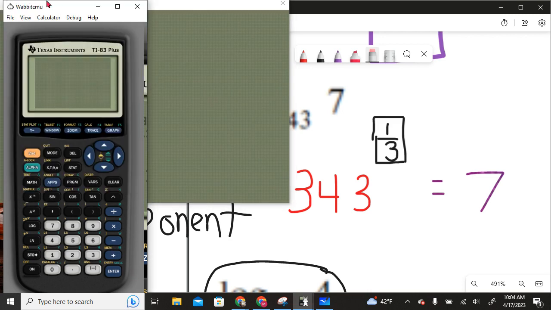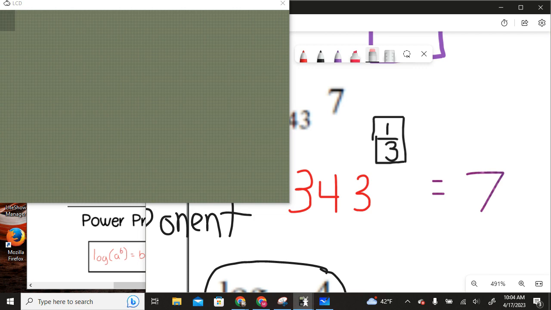All right, here's my calculator. I'm going to calculate this on my side. So I know that I need to go from 343 down to 7. So what I do is I take 343 and divide it by that number in my answer to see how many times it takes for me to get down to 1.